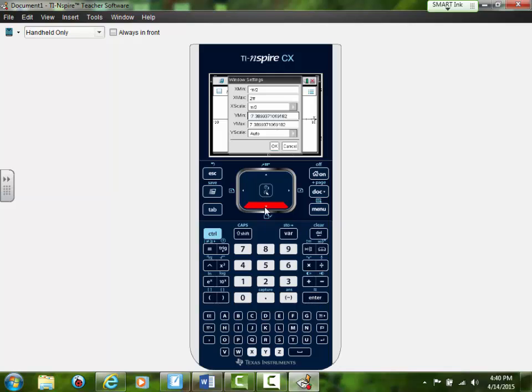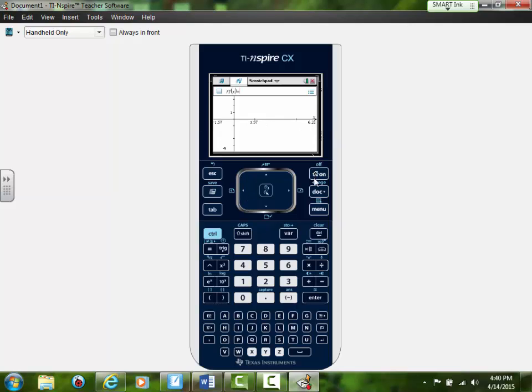Okay, and then our y minimum was at -5. Our y max was at +5. And then our scale was 1. Okay, so it looks similar to this. Of course, your calculator has put it in decimals.